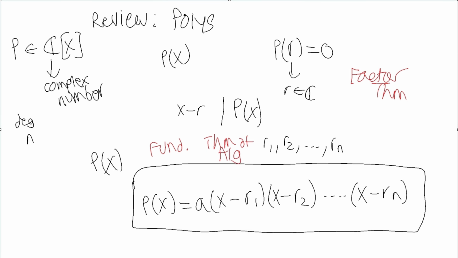And this is way more powerful than you think, because we can end up going between the roots and the polynomial itself. If we have a bunch of roots, then we can determine the polynomial. We can also go back and forth between the roots and the polynomial. So suppose that p of x is equal to a_n x to the n plus a_(n-1) x to the n minus 1 plus all the way to plus a1 x plus a0.